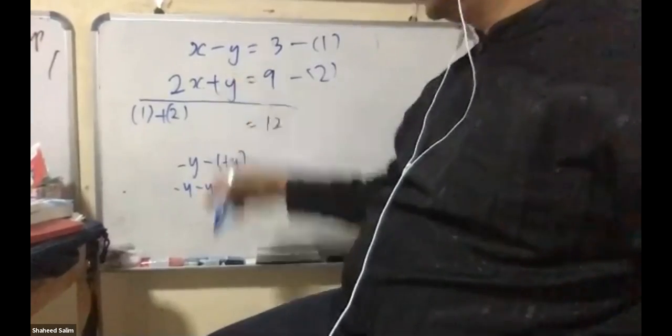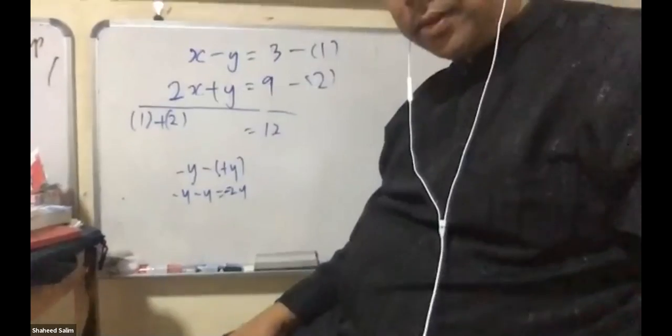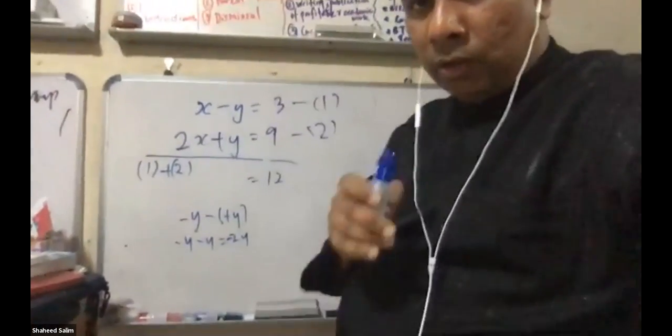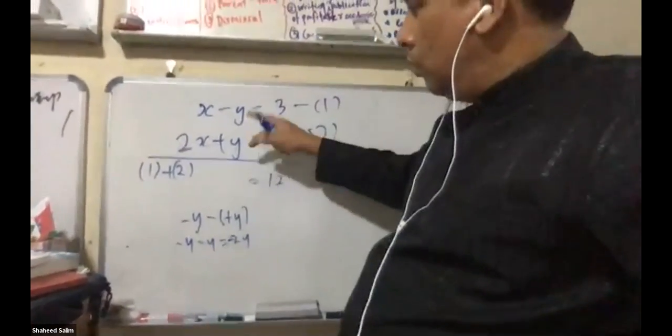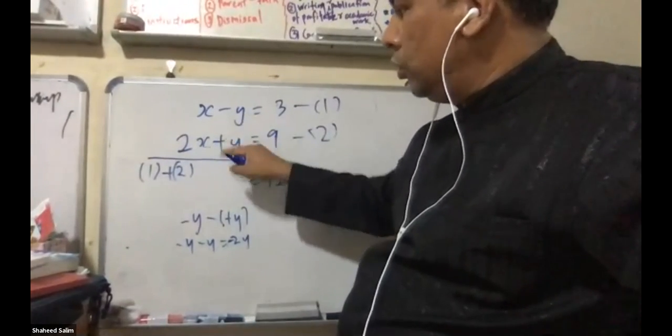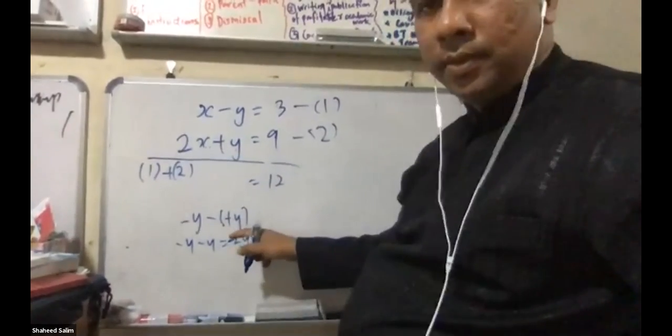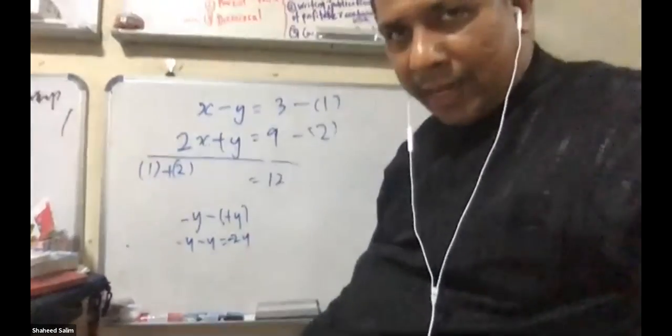The y doesn't disappear and the x doesn't disappear. So if you are confused now about minus plus, if this is opposite sign, you plus. Then it will disappear. But you asked me about LCM.